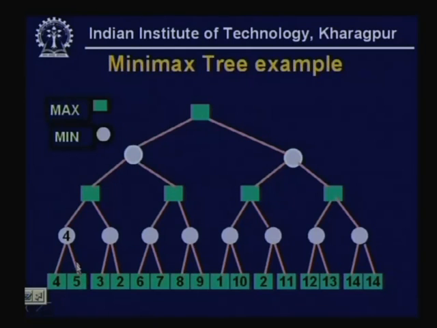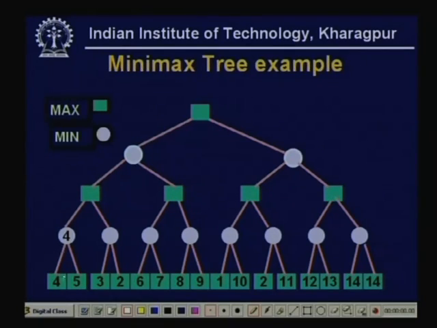Now, after this node is evaluated, the value of this min node will be equal to 4. So, initially the value at this min node is less than or equal to 4. When this is evaluated, the value at this min node is equal to 4. Now, if the value at this node is equal to 4, the alpha value at this max node will be greater than or equal to 4. So, we will put here greater than or equal to 4.